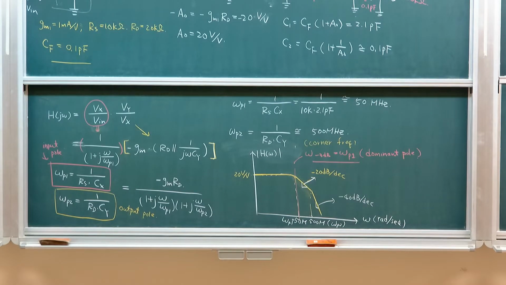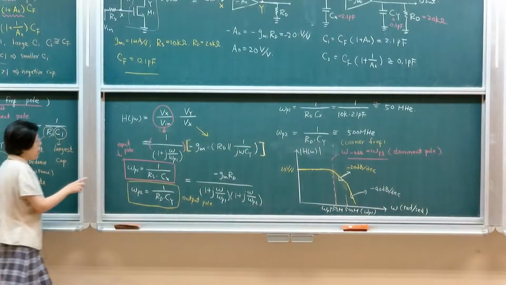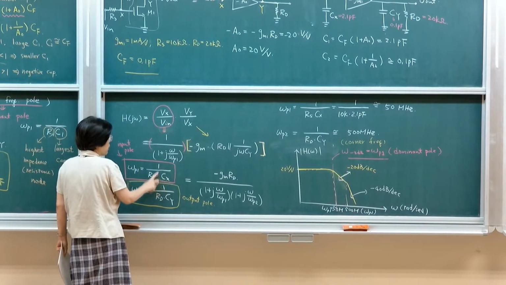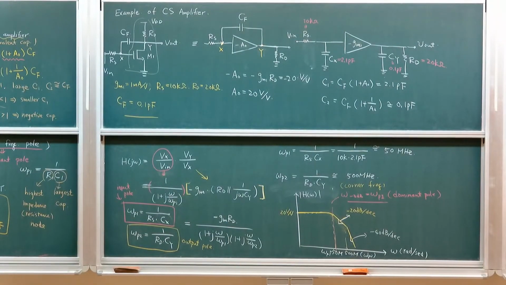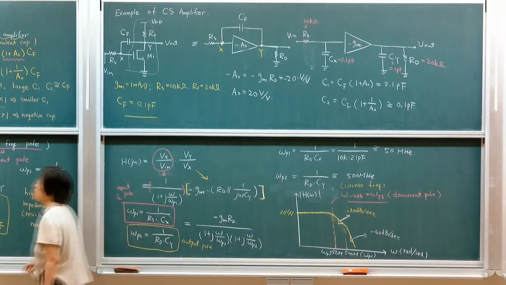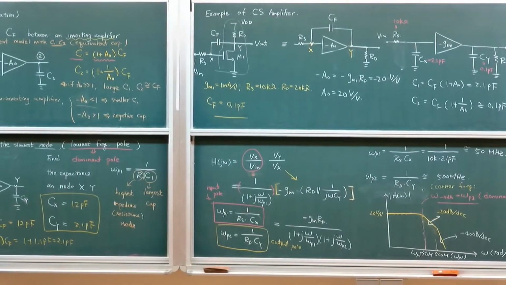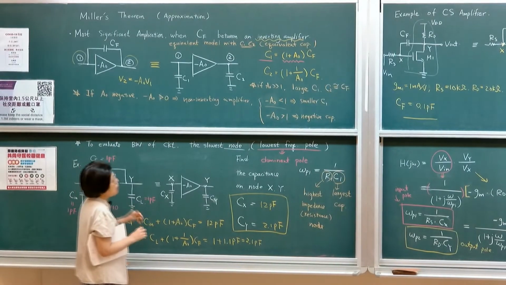Okay? So we'll see that even though you have only one capacitance, because of the Miller effect, the input terminal would then experience this Miller amplification. Therefore, you would see the dominant pole determined by the input terminal, simply because Cx becomes much, much larger than Cy, even though I'm inserting only one capacitance. The next thing I would like to discuss is this 1 pico capacitance.